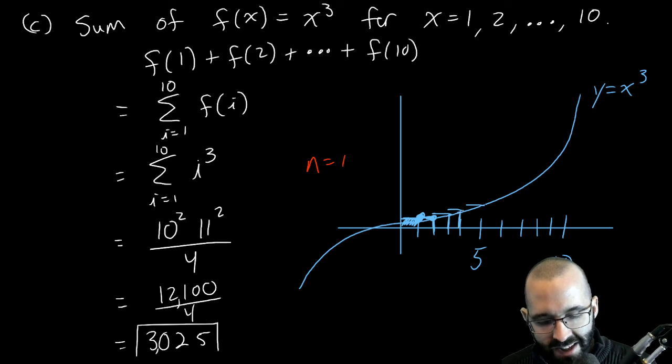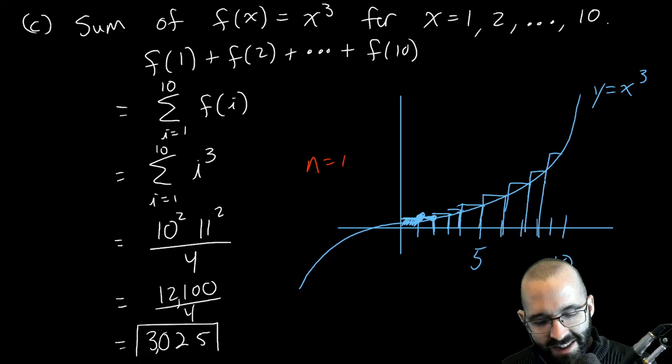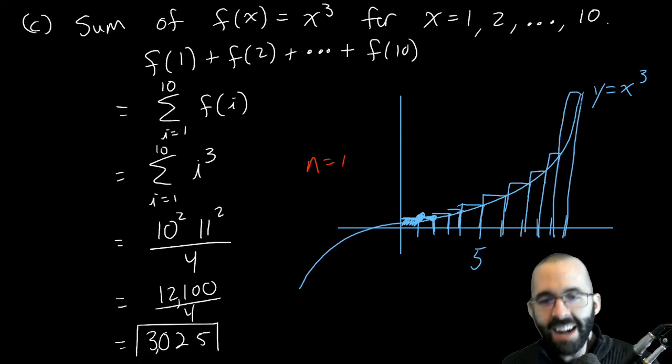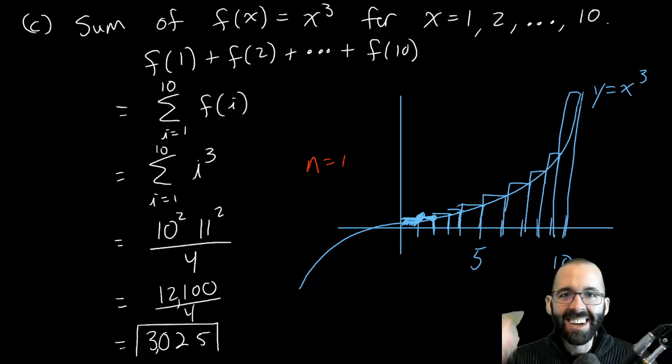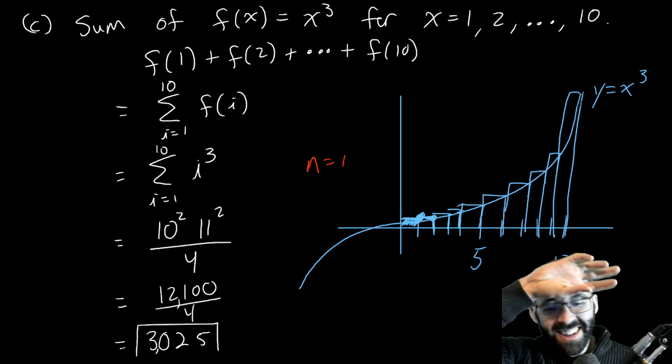The fourth number was another rectangle. The fifth number, another rectangle. Sixth number, another rectangle. Seventh number, another rectangle. Eighth, another rectangle. Ninth, another rectangle. 10th, another rectangle. We just added up 10 different rectangles. We just approximated the area under the curve. And we didn't even know it.